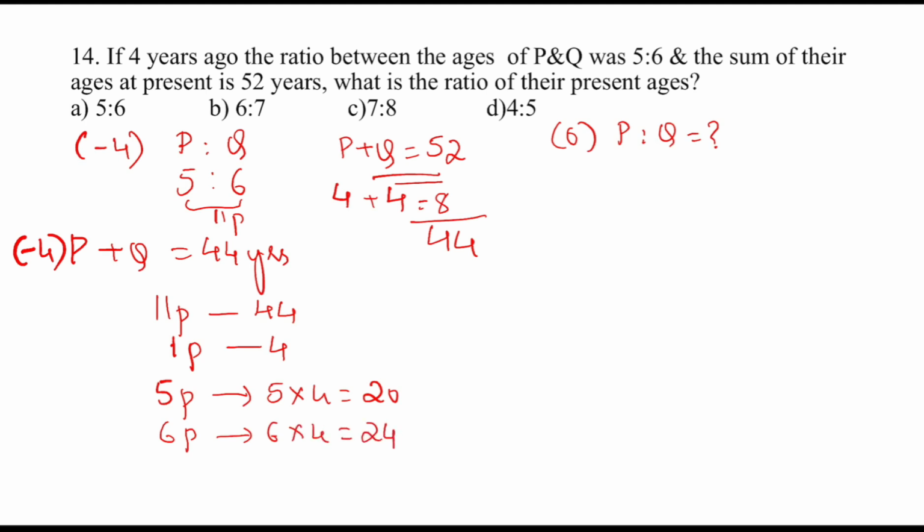So this is the age before 4 years, isn't it? So to get the present age, what do I have to do? Add 4 years for both.